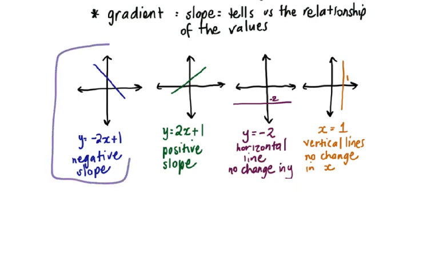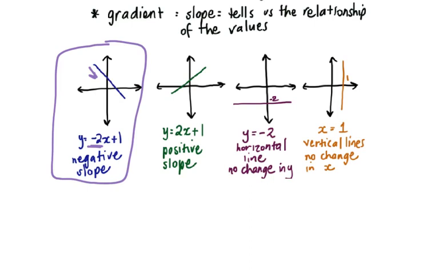If we look at our first graph here, we notice that the values, or the slope, is going downwards. And if we look at the equation, we can see the coefficient, or that gradient number, is negative. So we actually describe this as a negative gradient or a negative slope.